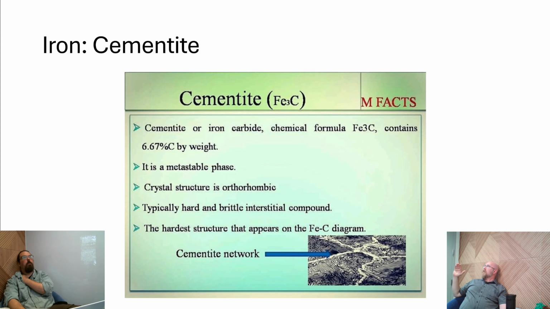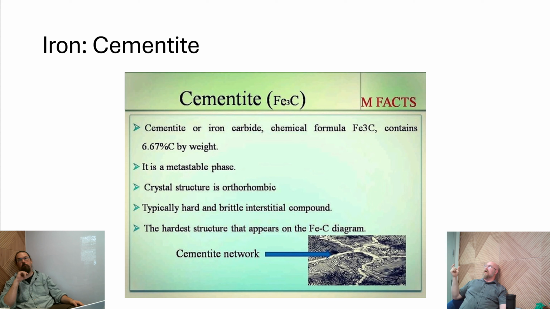And then cementite. Cementite is the hardest structure that appears on the diagram. That is because it is its own compound. It is a chemical compound. It is ordered because this is actually a covalent bond.